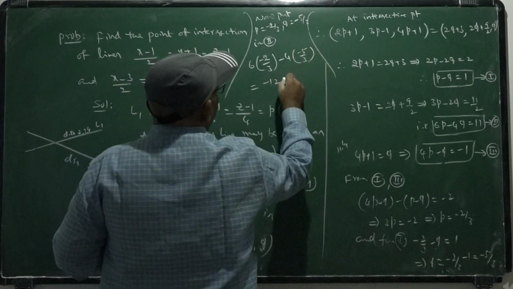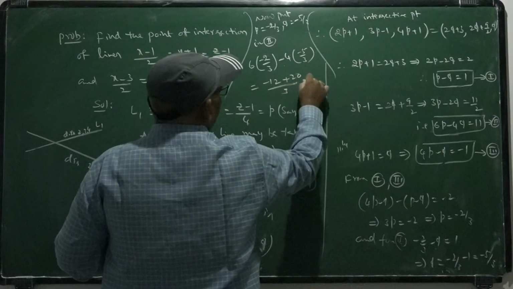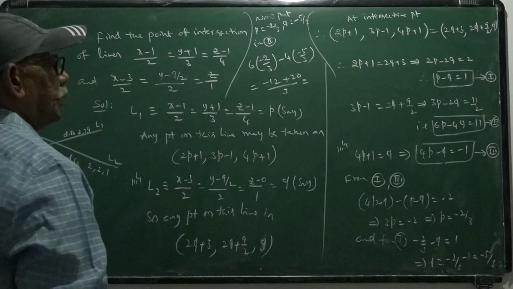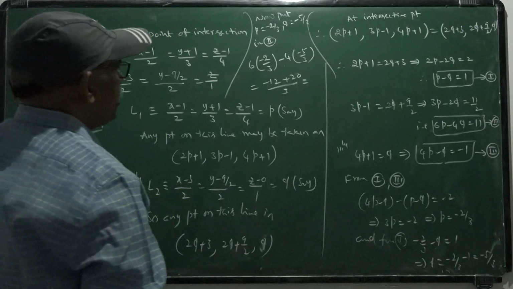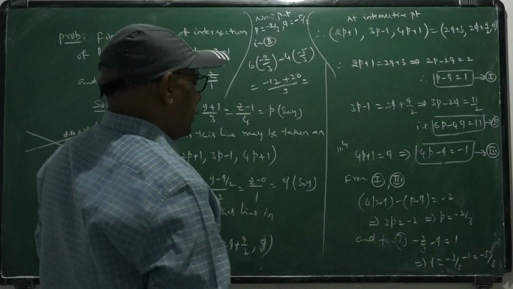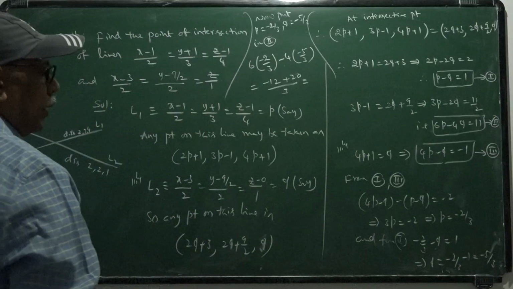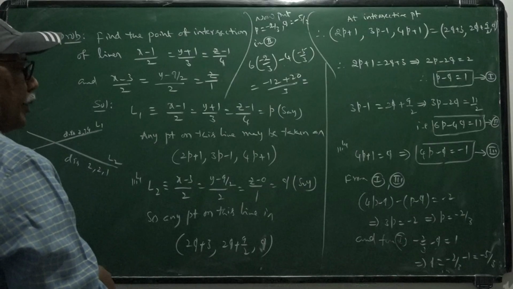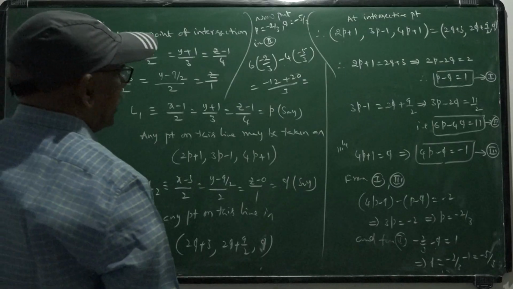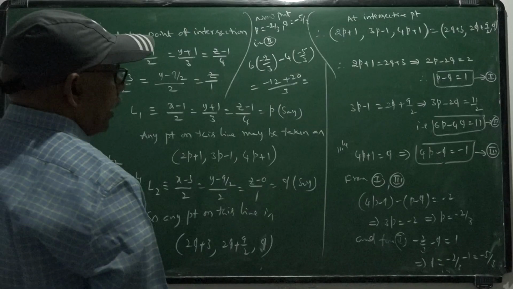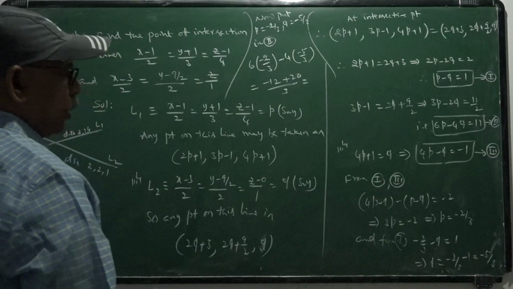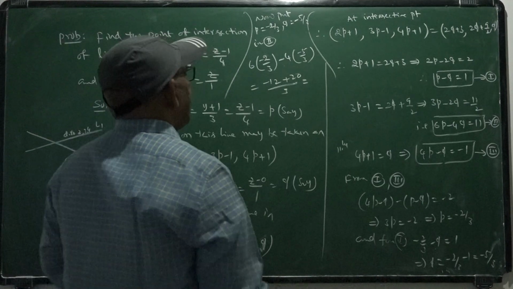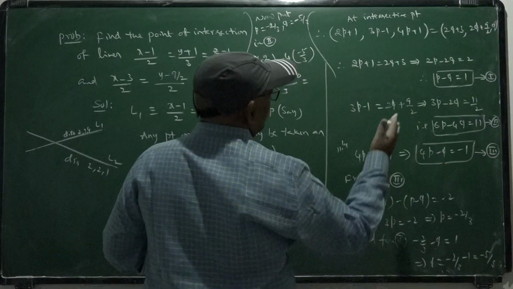Minus 12, this is plus 20 by 3. Minus 12 plus 20, this is 8 by 3.